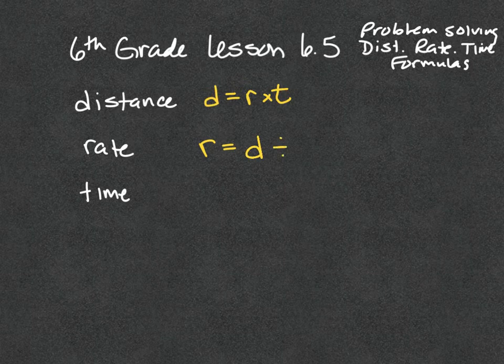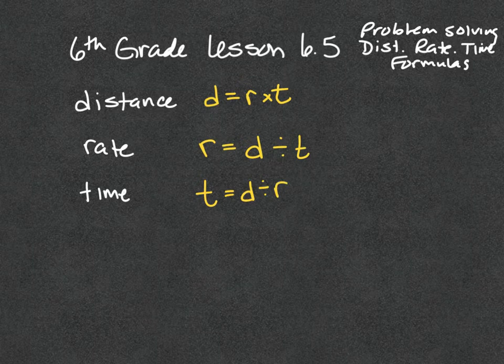Somewhere in the situation they've given me the distance and the time. And on the same note, if they want the time that was traveled, I would take the distance and divide it by the rate.